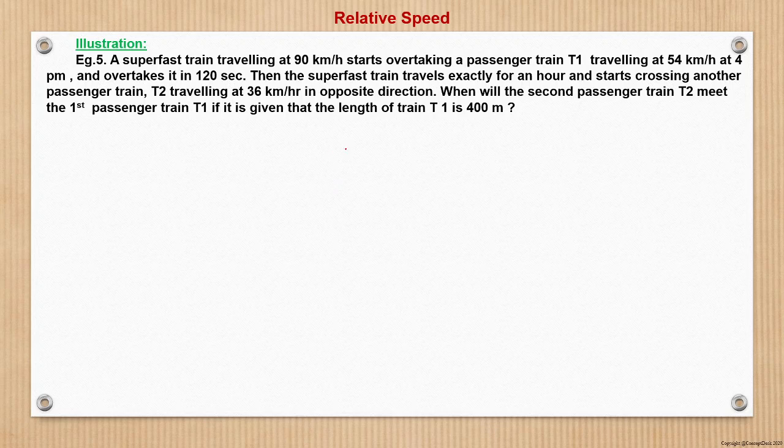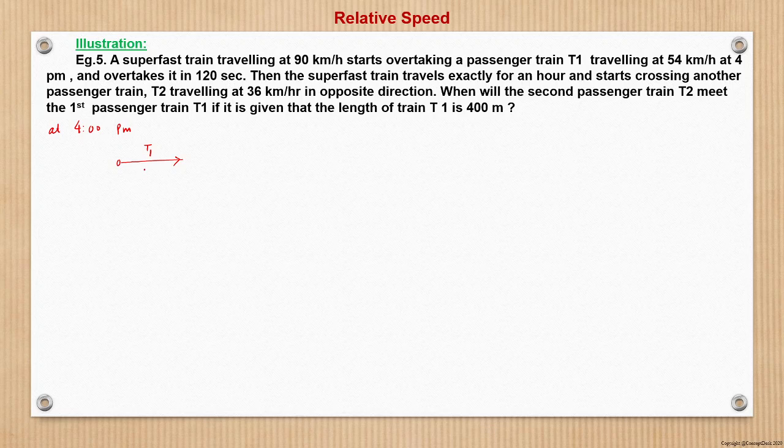So let us see. At time 4, at 4 p.m., there is a passenger train moving here, and this train is T1.